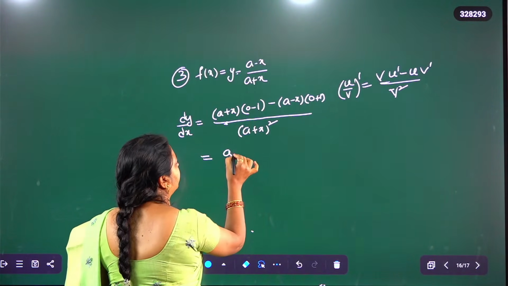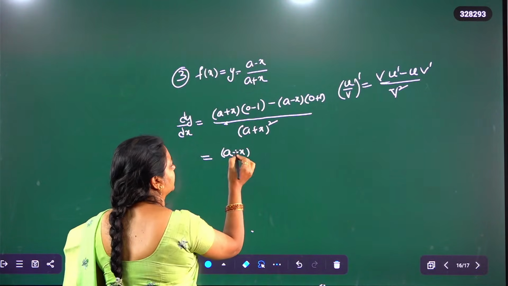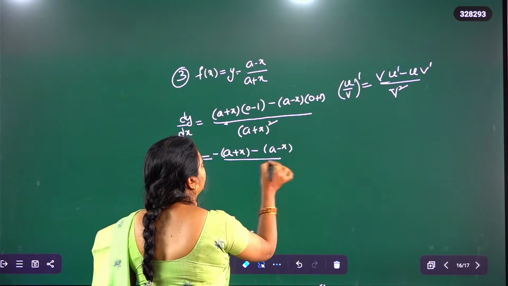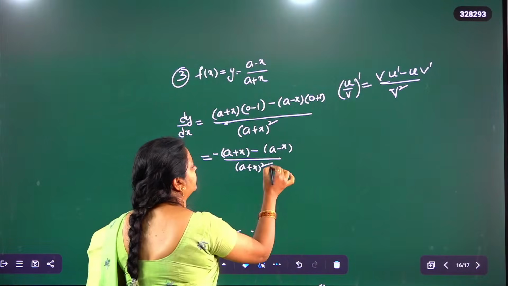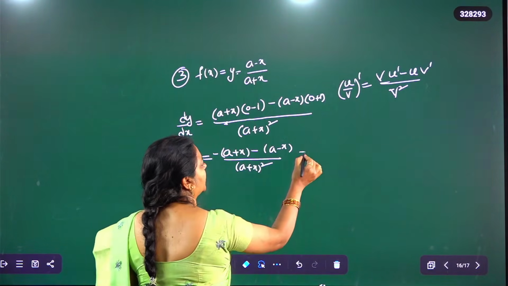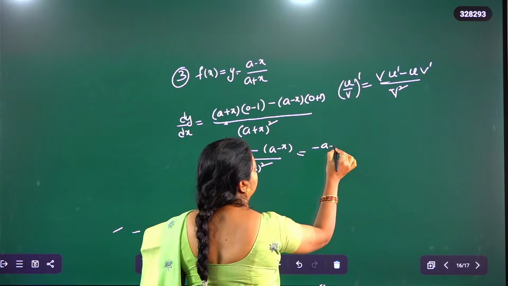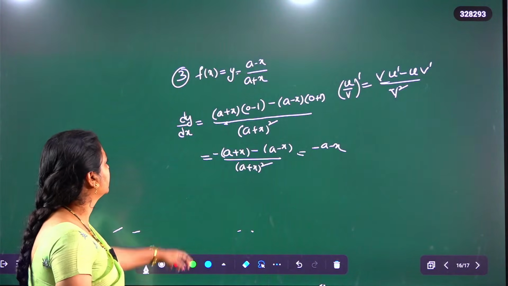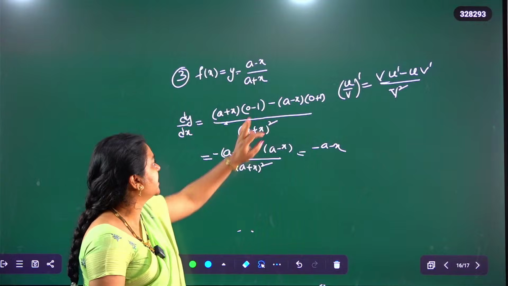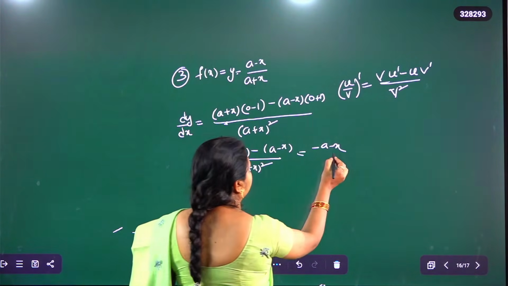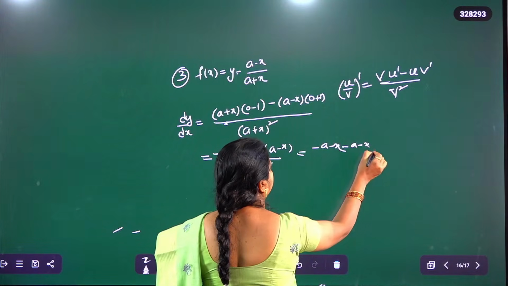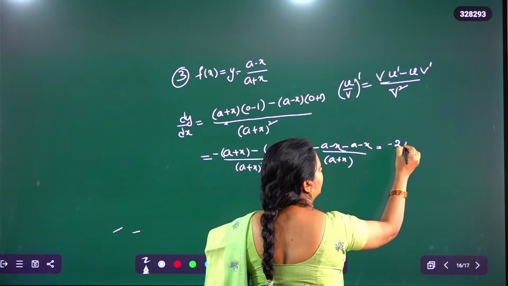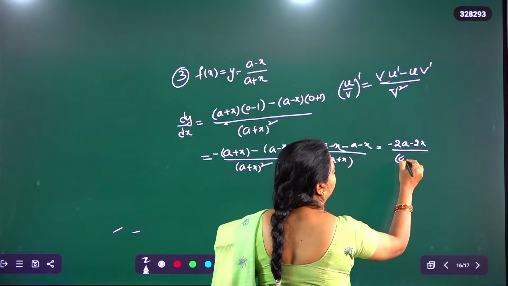So here a plus x into minus 1, isn't it? So minus a minus x by a plus x whole square, v u dash minus u v dash by v square. So here minus a minus x and also minus a minus x, so clearly minus 2a minus 2x by a plus x whole square.